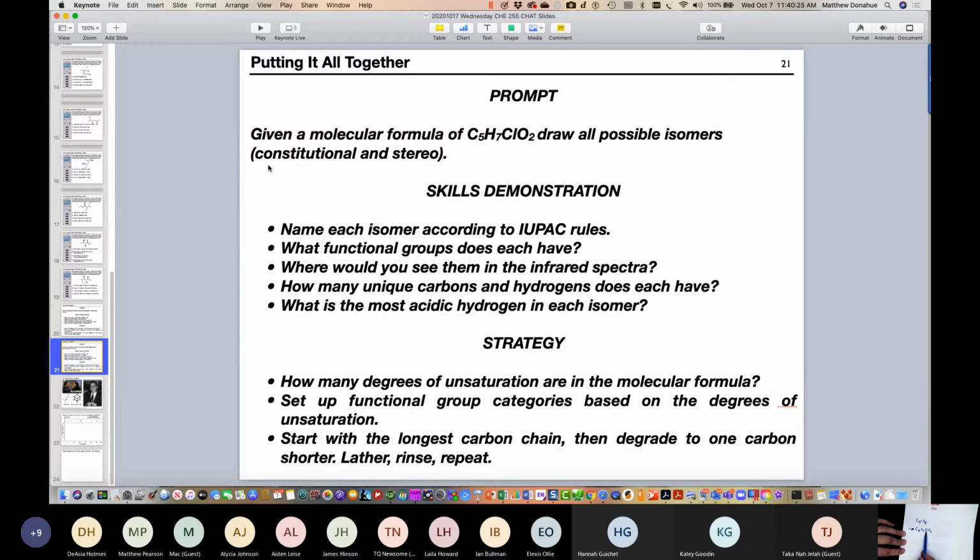C5H7ClO2. How many degrees of unsaturation are present in this molecule? So remember, chlorine adds to your hydrogen count.